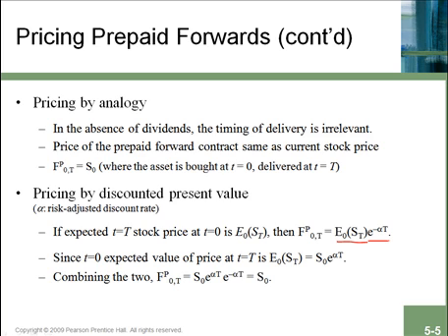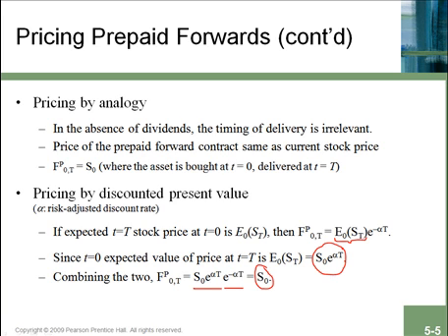So if I plug this expected stock price, S0 times e to the alpha T, into this part of the expression, then what's the result? I'm going to have S0 times e to the alpha T times e to the minus alpha T, and what does that leave me with? Just S0. So again, the result is that the prepaid forward contract has the same value as the underlying stock itself.